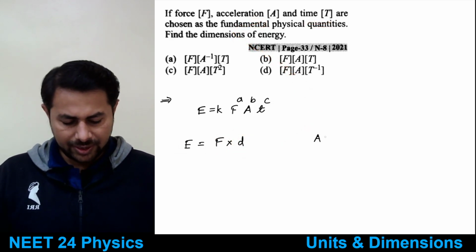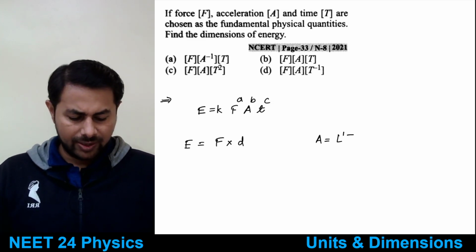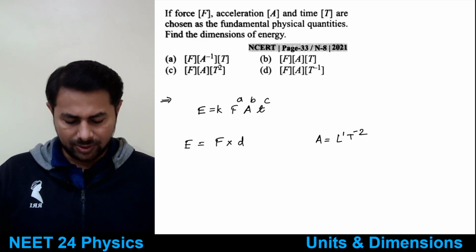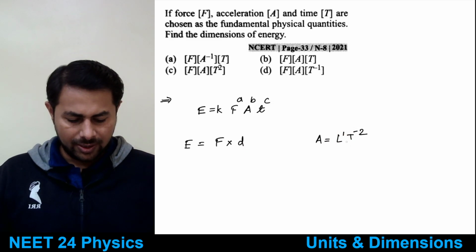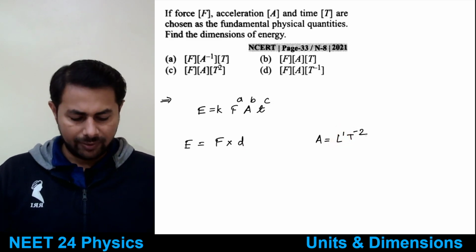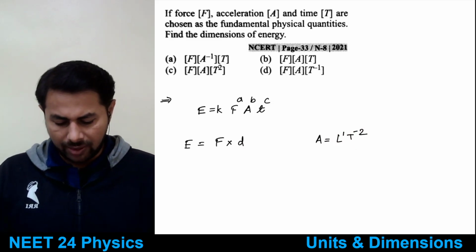So what is acceleration? What are its dimensions? L1 T raised to minus 2, and out of that you want only L1, right? So we need to get rid of this T raised to minus 2. How can we do that?